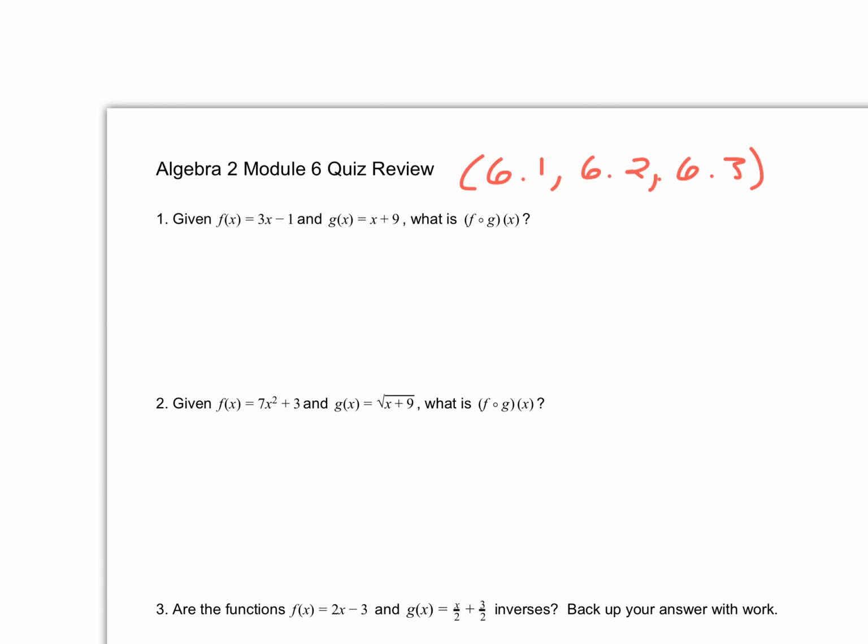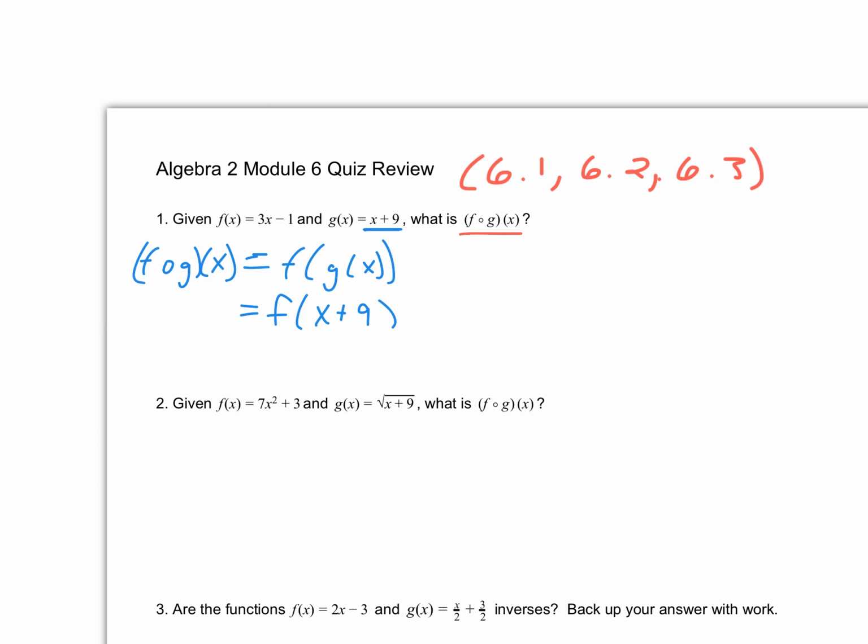x, and we want to find the composition f of g. Now remember, when we found f of g, it was sometimes useful to write it as f on the outside of g on the inside. Or in other words, f of that, x plus 9, because g is x plus 9.